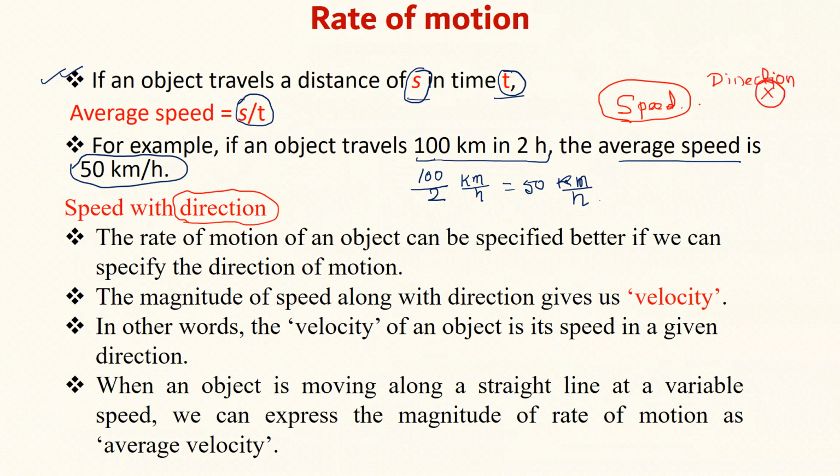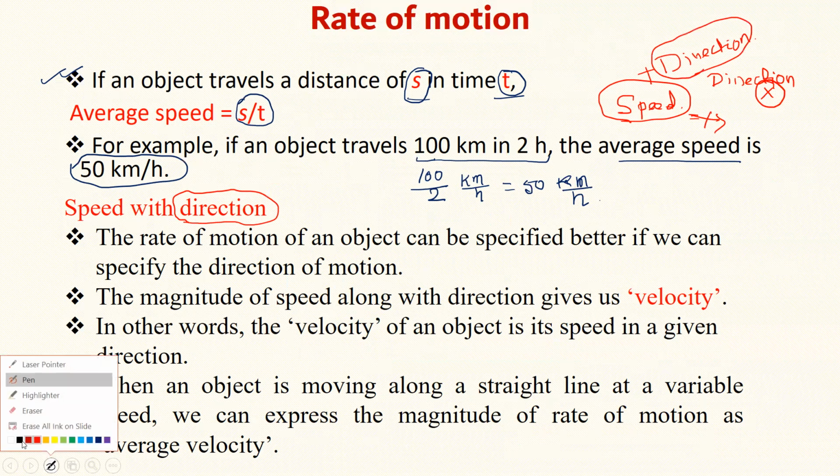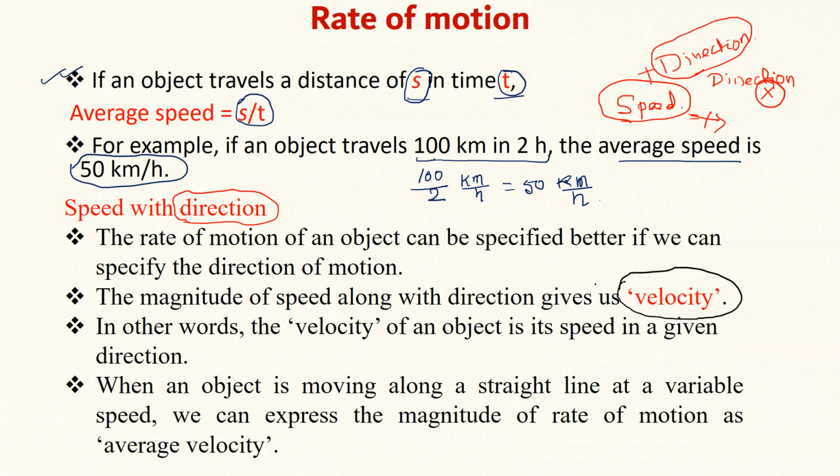But what if speed is used in conjunction with direction? If we have both speed and direction in the motion of an object, then what would we get? What we get is a term you must have heard many times. That term is called velocity.